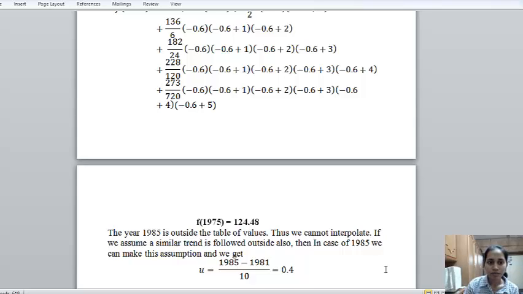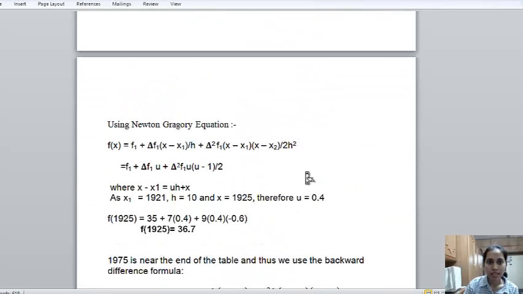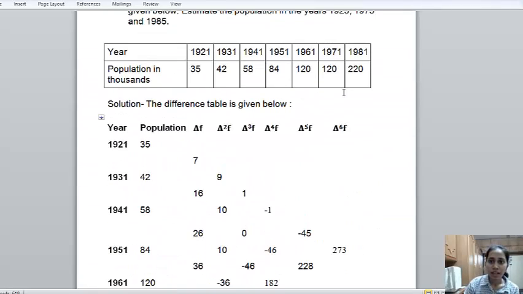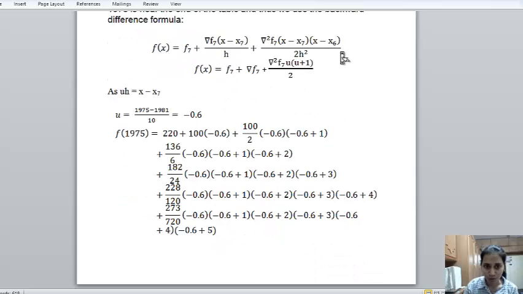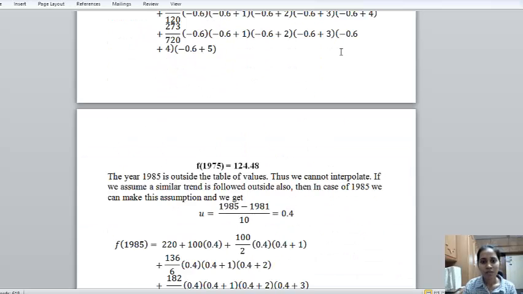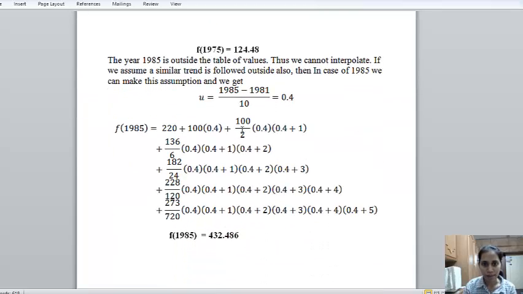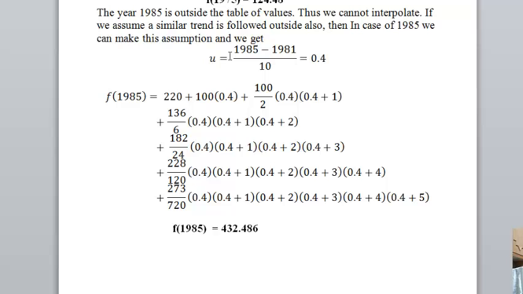Now we need to find the value of the population in the year 1985. As we can see in the question table, 1985 lies outside the range of years, so it's not a question of interpolation. But if we assume that a similar pattern is followed in the future also, we can find the value of population in the year 1985 by the same procedure, using the backward difference formula.